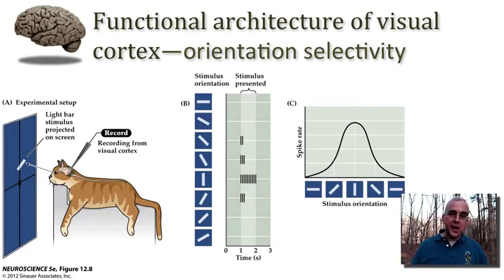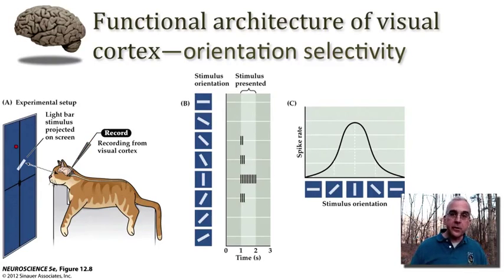So the animal is alive, but it's deeply anesthetized, much like a person undergoing surgery. Well, a microelectrode is implanted in the visual part of the brain of this animal, back in the occipital cortex. And from that microelectrode, action potentials are recorded from neurons while these animals view light stimuli that are projected on a screen in front of the animal.